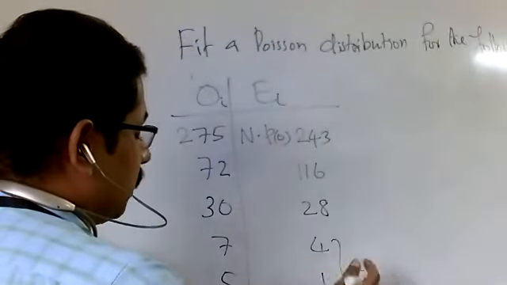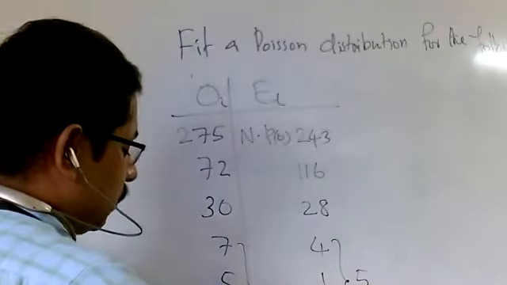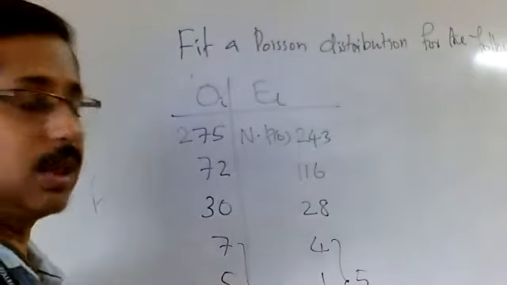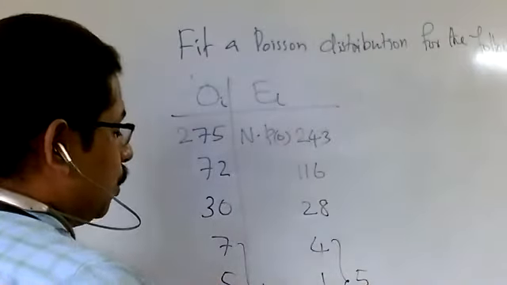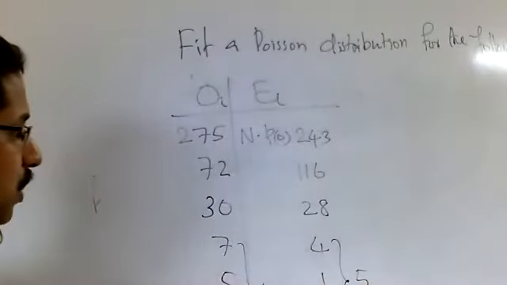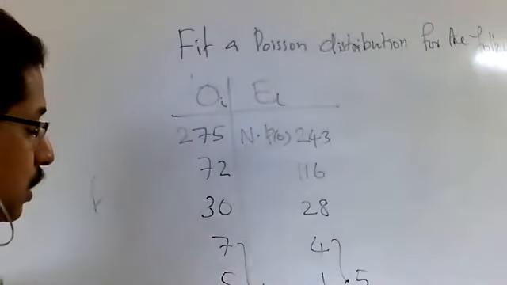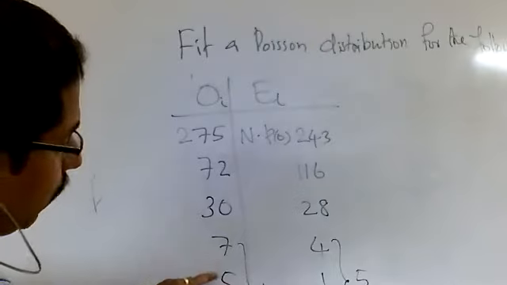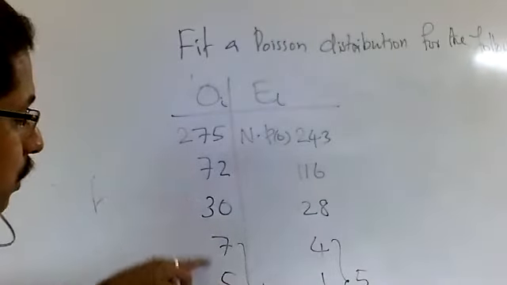In a similar way, since we have merged all these values, we have to merge this value also. You just add these values. What about this value? This is 15. So the number of observations becomes 1, 2, 3, 4, because these values are merged.